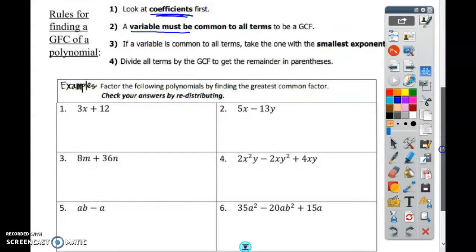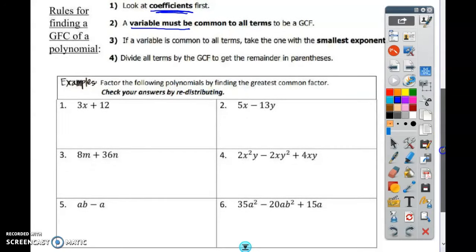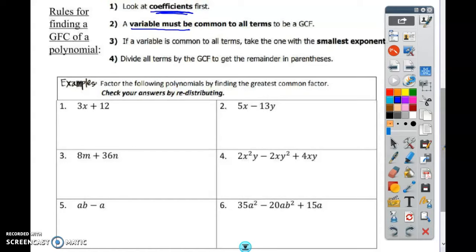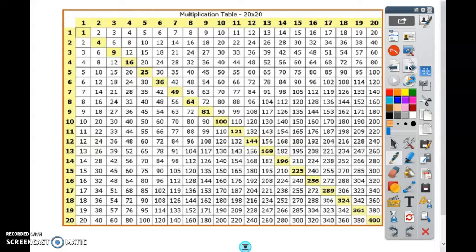So we're going to start practicing, because I think the best way to understand what I'm doing is by looking at examples. Problem number 1. I'm looking at 3 and 12. What can both of them be divided by? So I'm going to look in my multiplication chart, and I'm looking for 3 and 12. So look for a line that has both 3 and 12.